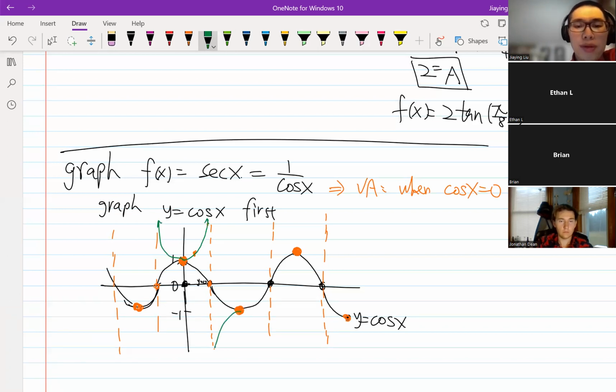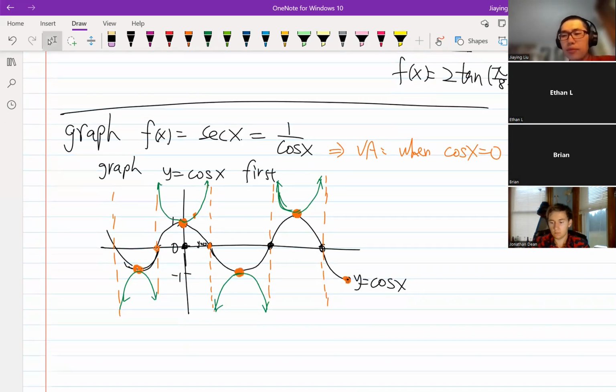It's kind of like a parabola, but not exactly a parabola, but it has that shape. So between every two dotted lines, where you have a cosine x graph, you're going to have a sort of parabola there, on the same side. So that's the secant graph. It's just the reciprocal of cosine x.